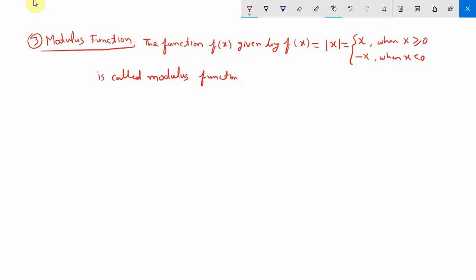It is also called absolute value function.